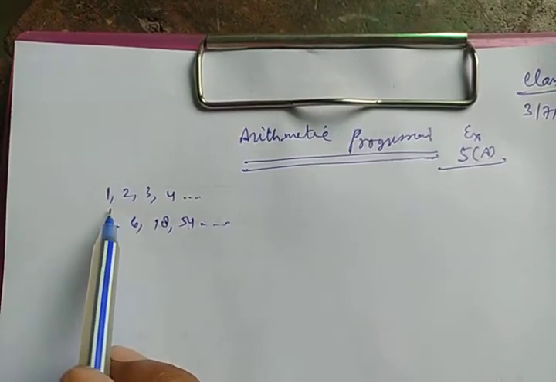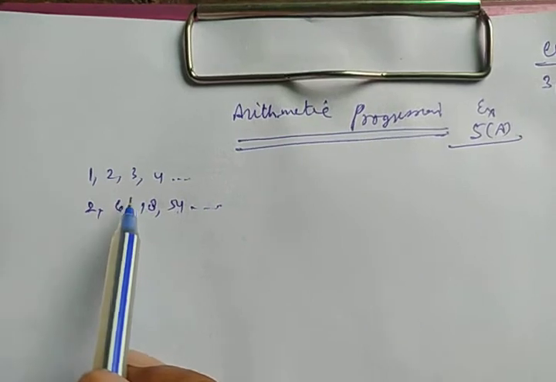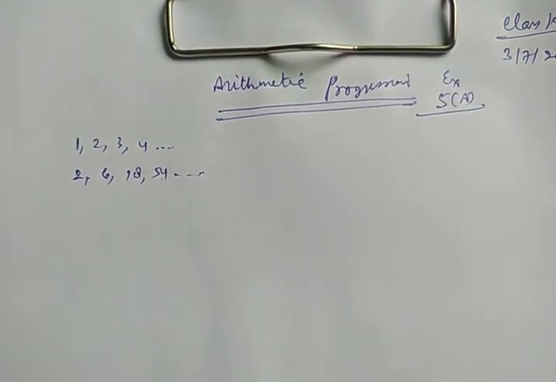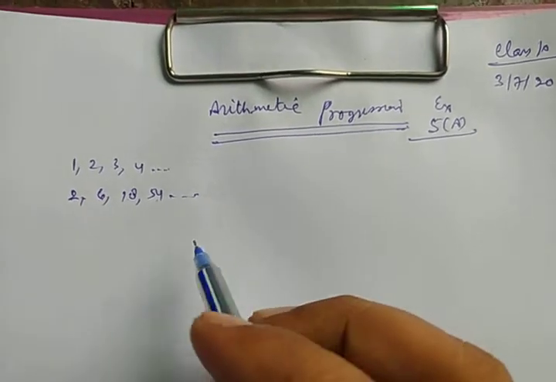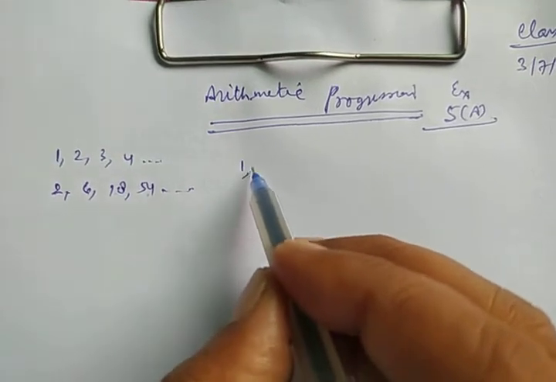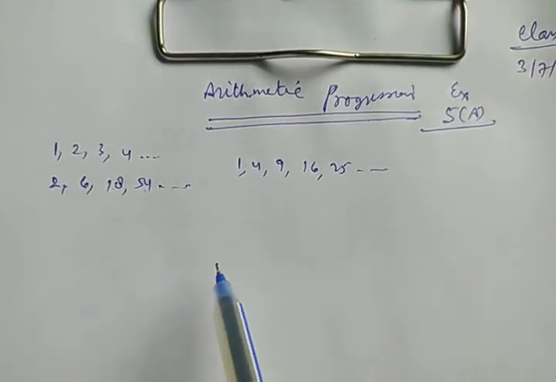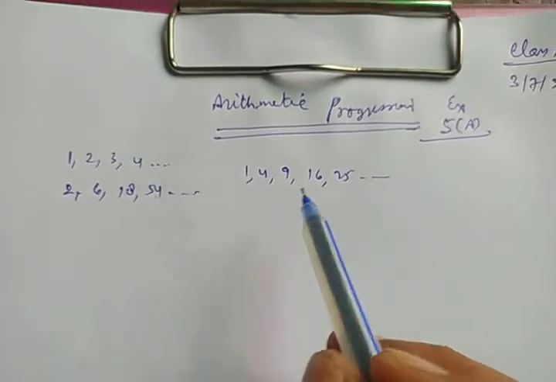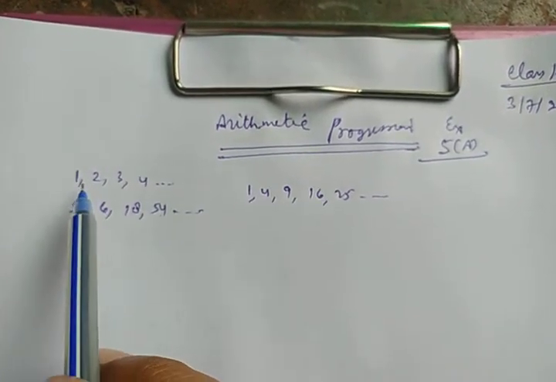Means a series of numbers which have a certain rule is called a sequence. In this exercise we will discuss something about sequences. Suppose I am writing another sequence, that is 1, 4, 9, 16, 25. Which type of sequence is this, or what pattern do you observe? I am writing actually the squares of the natural numbers.